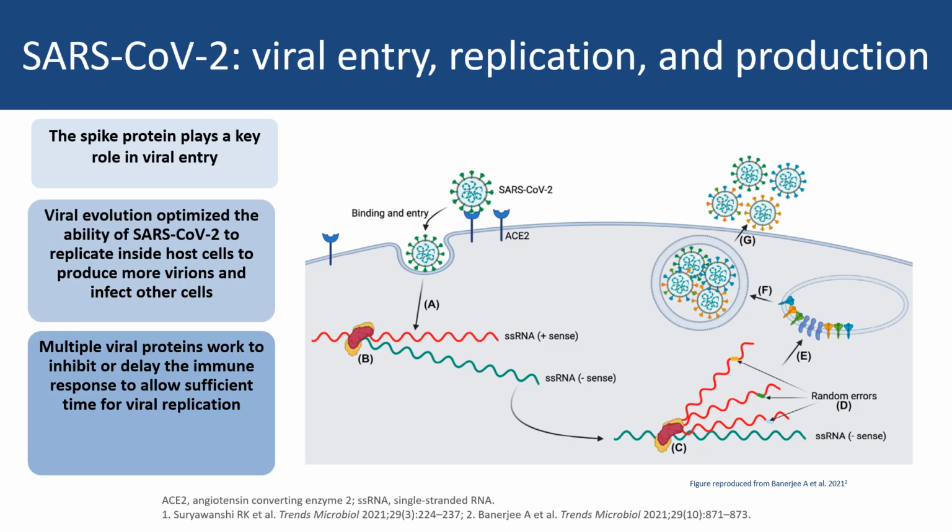And as in many RNA viruses, mistakes happen as the RNA is getting copied, leading to a fairly high rate of mutations. But more than any other virus we know of, SARS-CoV-2 is equipped with a large array of proteins that work to inhibit or delay the immune response to allow the virus sufficient time for replication.